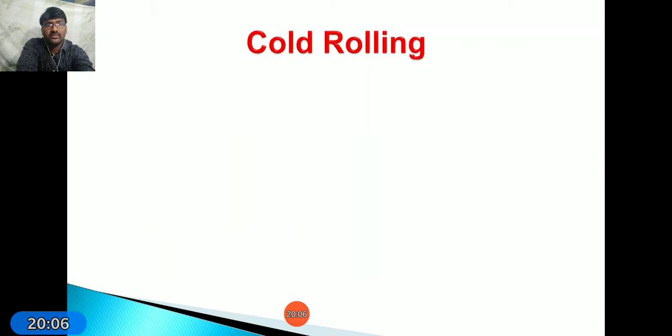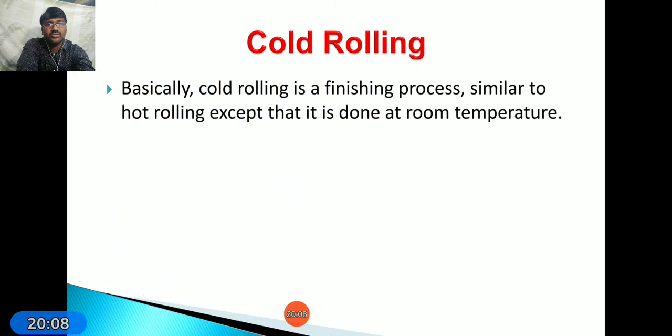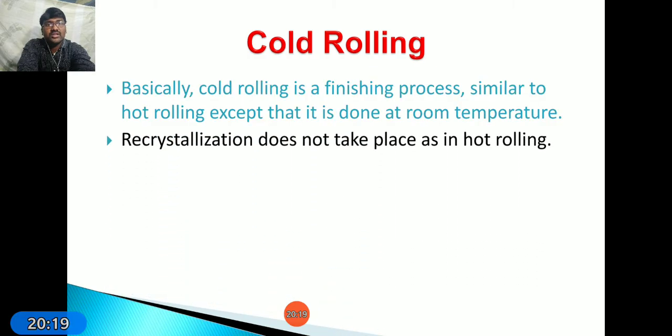Next, coming to the cold rolling process. Basically, cold rolling is a finishing process similar to hot rolling, except that it is done at room temperature. Here, recrystallization does not take place as in the case of hot rolling.